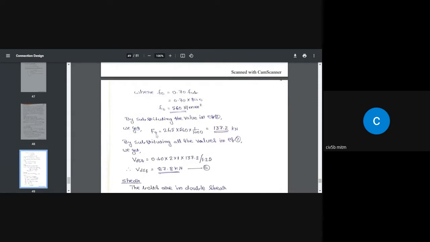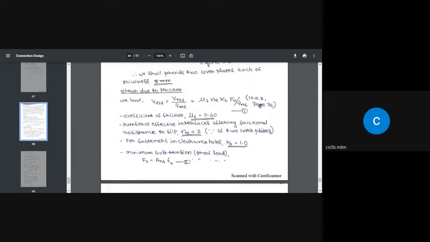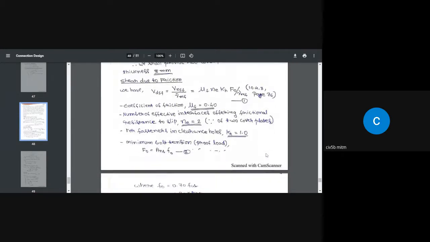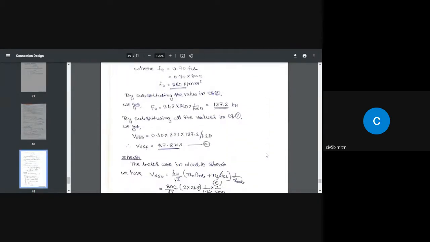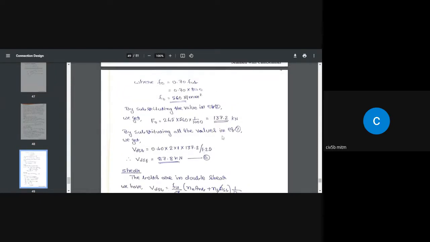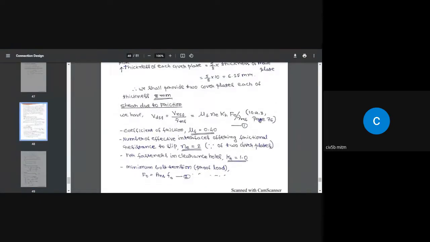Okay. Once we have this, go and substitute all the values in this equation to get VDSF. Okay. So that is these values. When it comes to 1.25, look here.